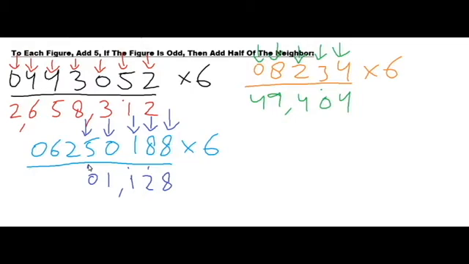Let me put dot 0 here, and this is 2 plus half of 5 is also 2. 2 plus 2 is 4, plus this dot will make it 5, and this 6 plus half of 2 is 1, so 7, and this is 0 plus 3 is 3, so we got 37,501,128.